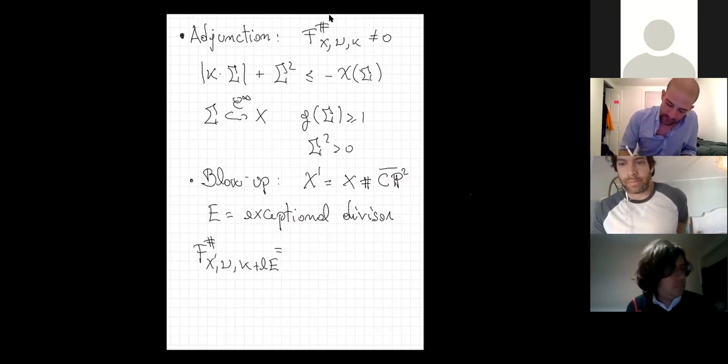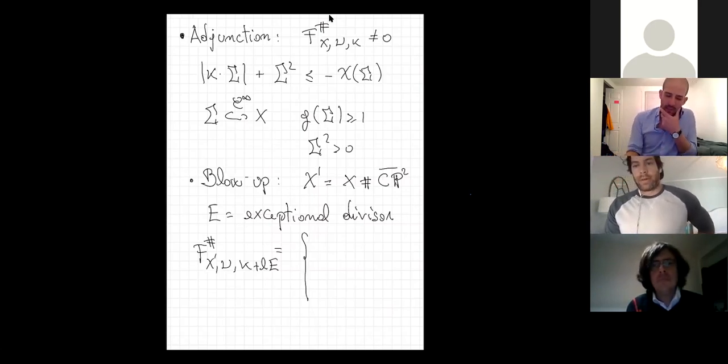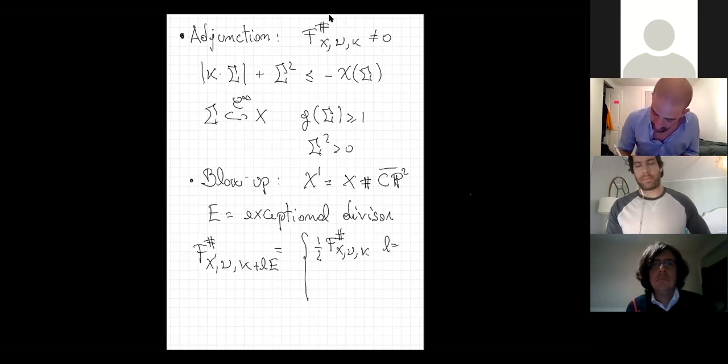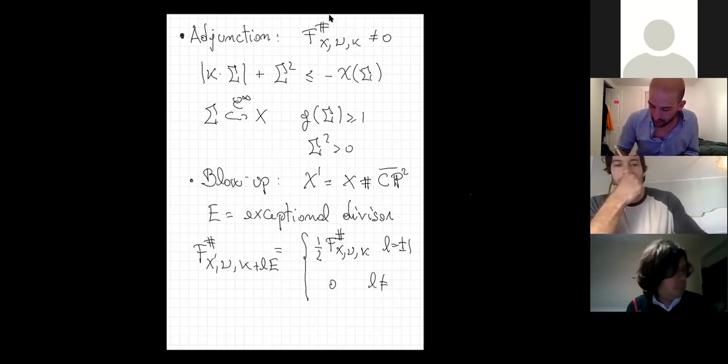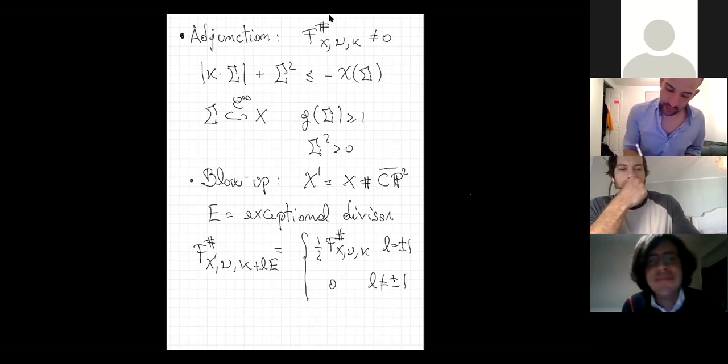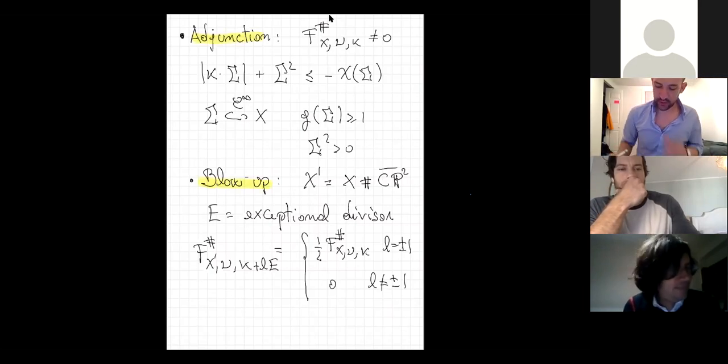It turns out that this map is not that different from the map associated to X. Namely, this is the old map, the map we had before, if L is plus or minus 1, and 0 otherwise, if L is not plus or minus 1. Okay, so these are the two, the adjunction and the blow up.